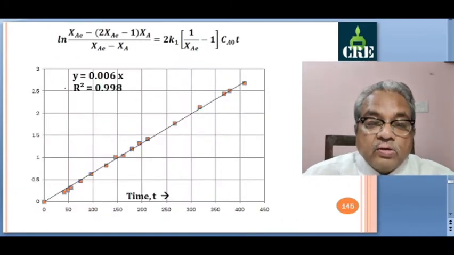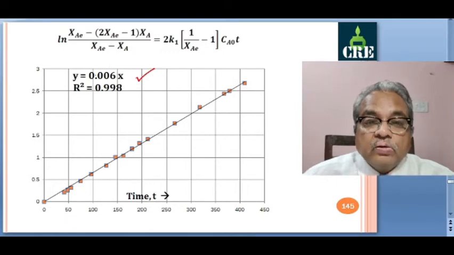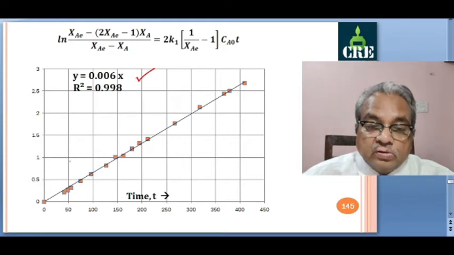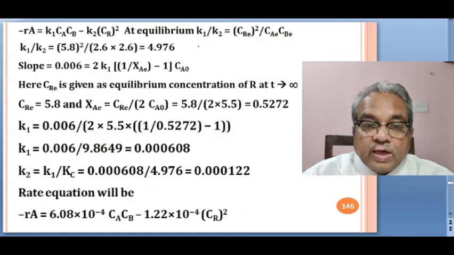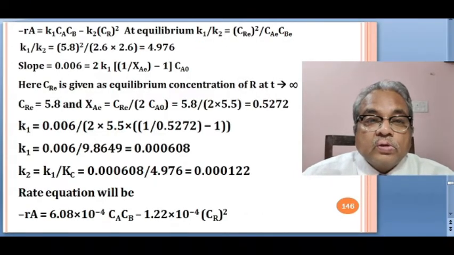If you make this plot and draw the best fit line in Excel, a line passing through the origin, y is equal to mx, the correlation coefficient is 0.998. So the fit is very good. So 0.006 is our slope, and the slope is this complete quantity because we are plotting only time on the x-axis.